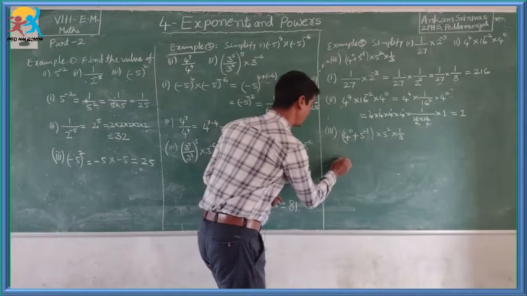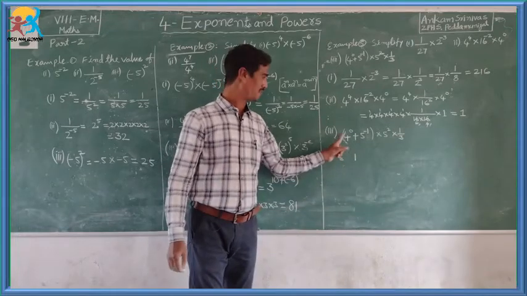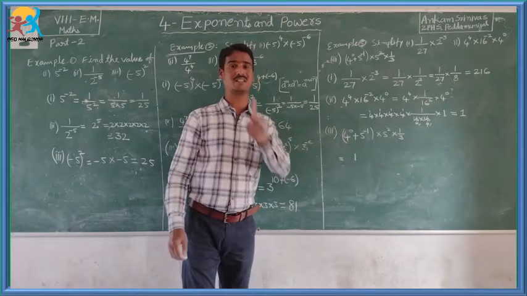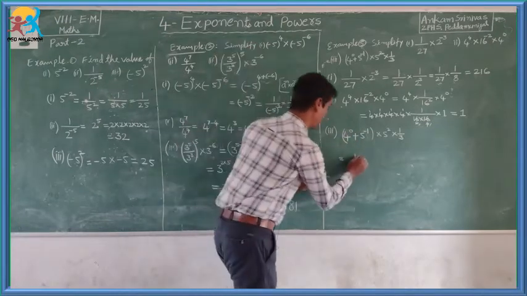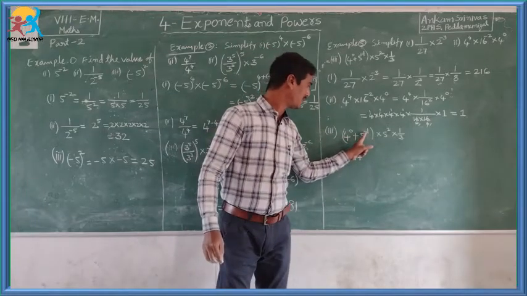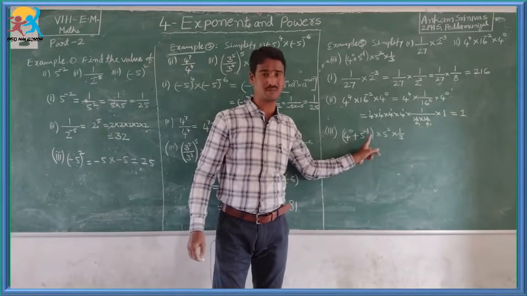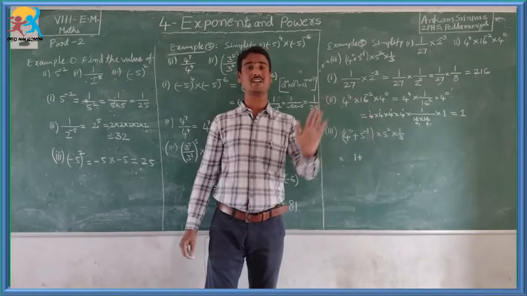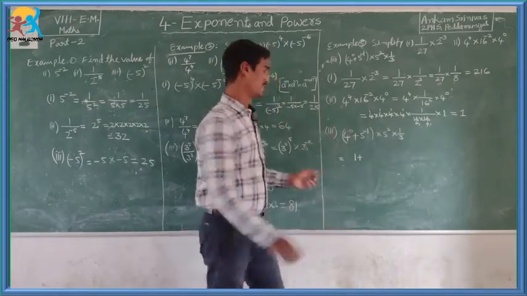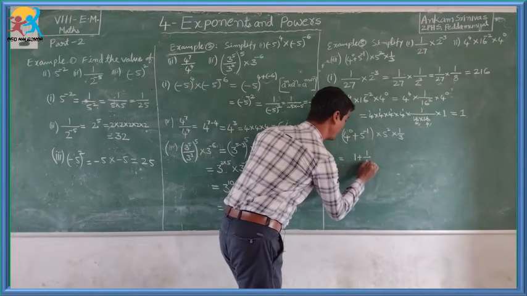We know that 4 power 0 value is 1. Clearly we know that a power with exponent 0 is always 1, plus here a power with a negative exponent. Convert the negative exponent into positive by writing the reciprocal. So 5 power minus 1 becomes 1 by 5 power 1.